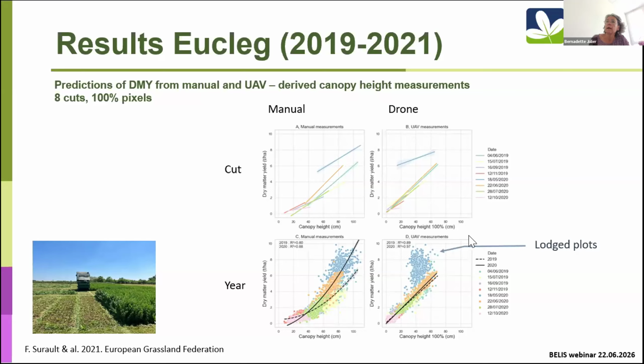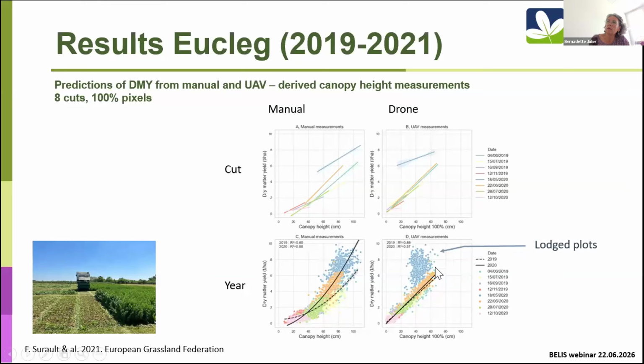In this case, the images taken by the drone give the natural height and not the stretched height. For all the others, with manual measurements, we measure stretched height, at least in this case.